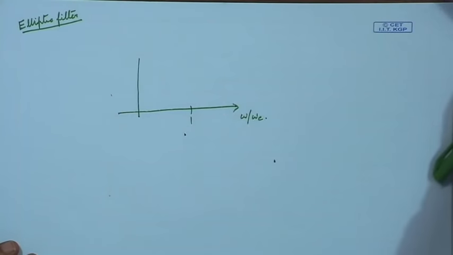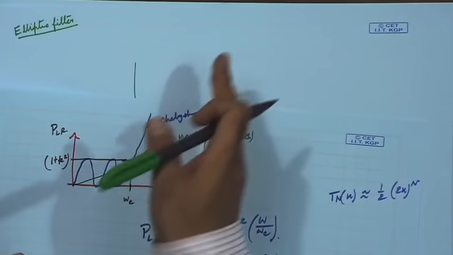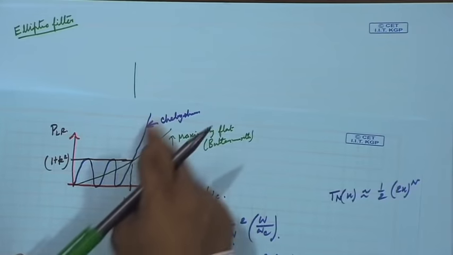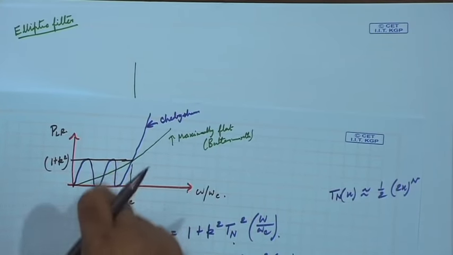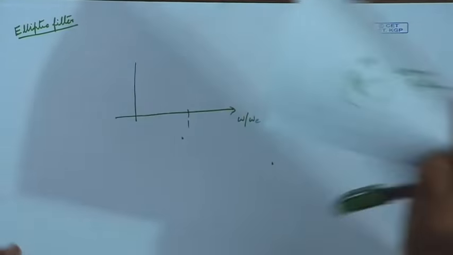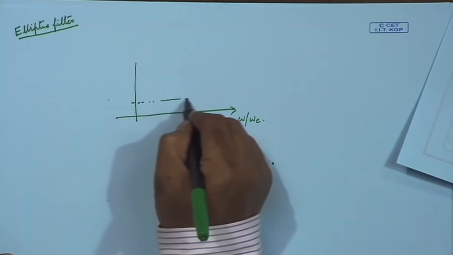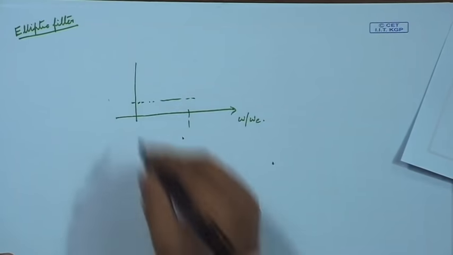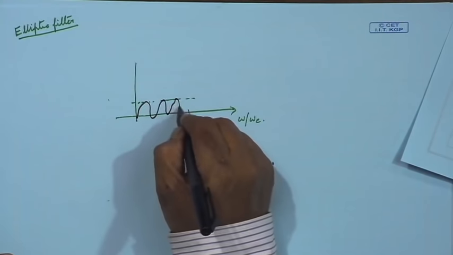So, Chebyshev you see it monotonically increases once it is in the pass band, it has ripple once it attains the stop band. Here it is in the pass band it has ripple, but here it does not have any ripple. Elliptic has ripples in both. So, that means here it will be something like this, how many depends on the order.